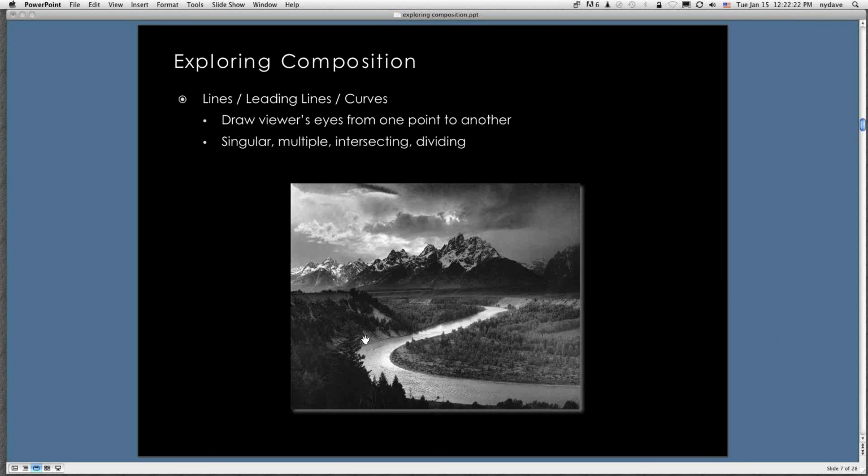And if you look at this, you can see these diagonal lines all point here. And in a lot of images that wouldn't really work because it doesn't give the eye any place to go, but you can come back around to the river if you want to, or you can go up and back over the mountain range.